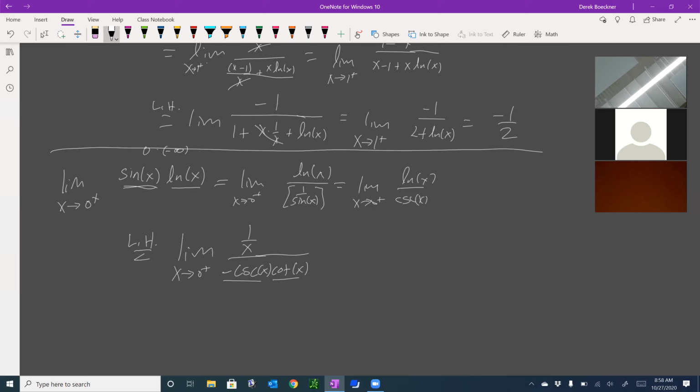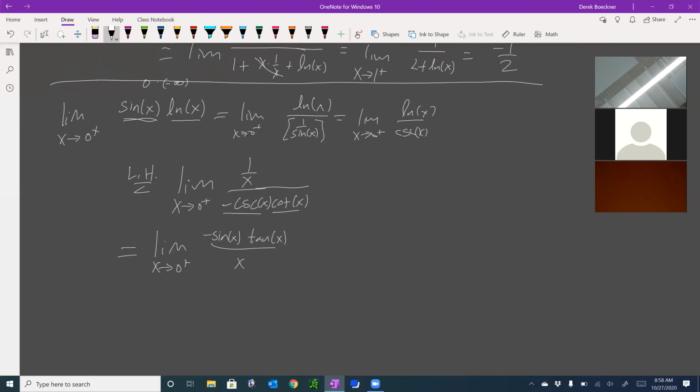So let's rewrite this algebraically. I can rewrite this with the x in the denominator, a minus sine up top, and a tangent up top, right? And now this looks like 0 over 0. So we could use L'Hopital's rule again if we wanted here.